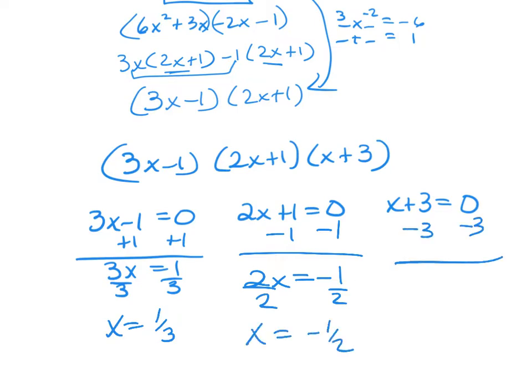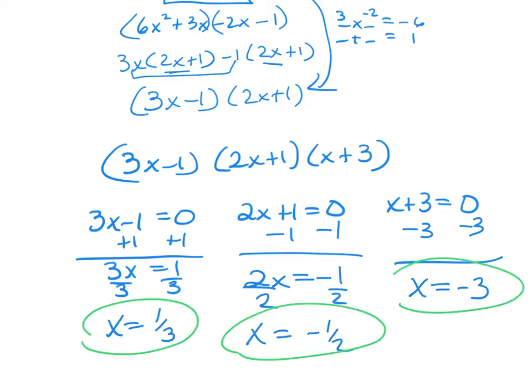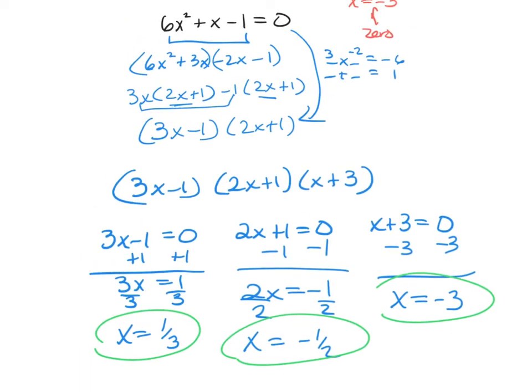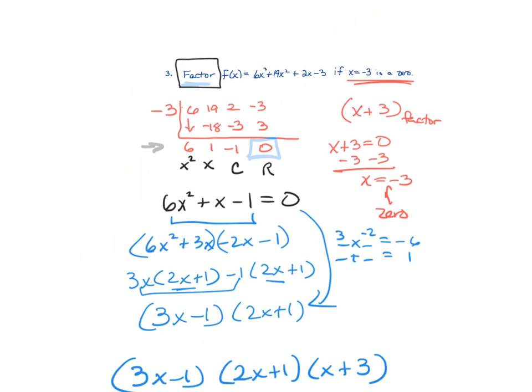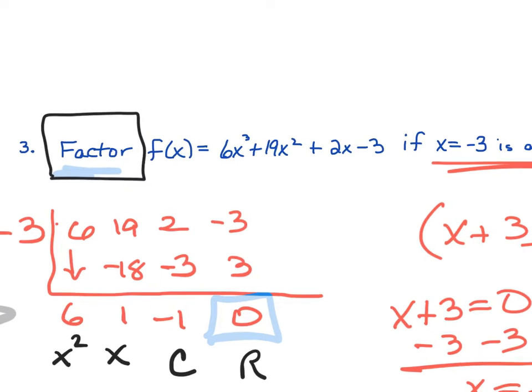Over here, this is the one they originally gave me. So my three zeros are 1/3, -1/2, -3. Now, if you go back to the original problem, notice this exponent right here. This is going to tell you how many zeros we're looking for.